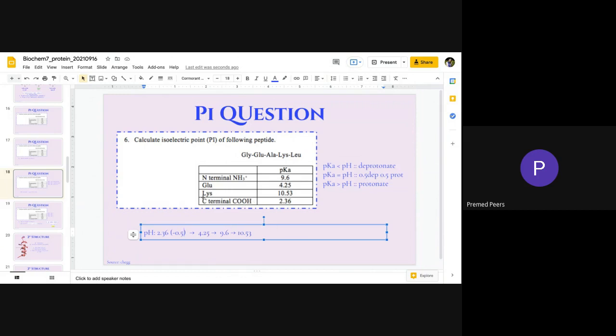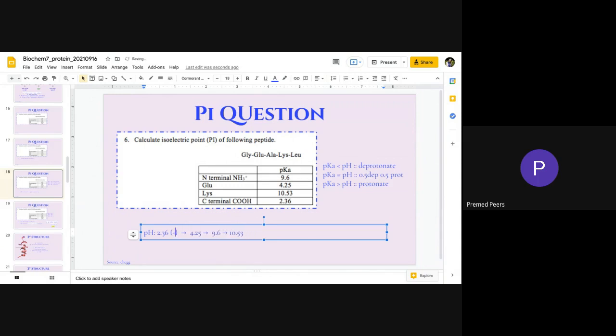And then for the lysine, because the pKa is much higher than the pH, that one will be protonated, so with plus 1. This one is also higher, so actually the glutamine will be in COOH form, which is not charged, but with the N terminal, we'll add another one.